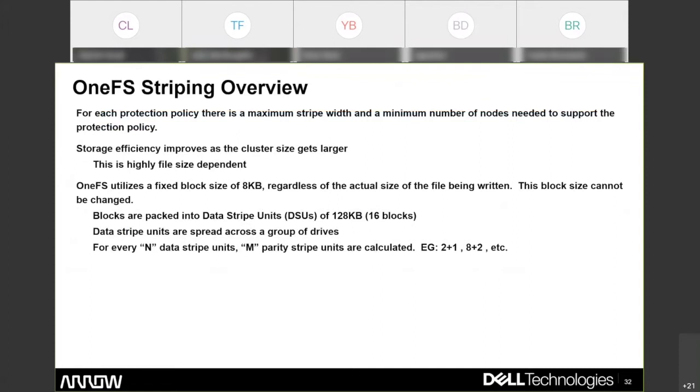And then that stripe unit is going to be up to 16 blocks of 8K data, and then 4 FEC blocks. However many parity blocks you have, however many FEC blocks you have, that will determine your failures to tolerate, or how many failures you can survive.